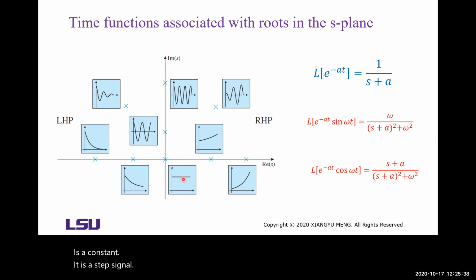Then let's look at the case of complex roots. If we have a complex root in the left half plane, then based on the inverse Laplace transform formula, we have a decaying exponential function times the sine function or the cosine function.